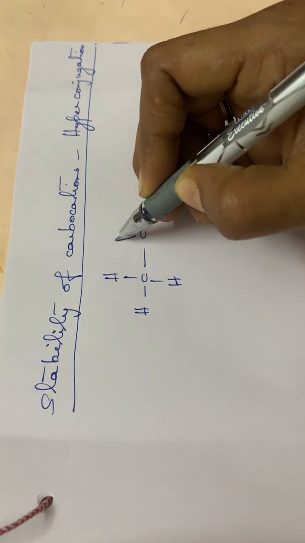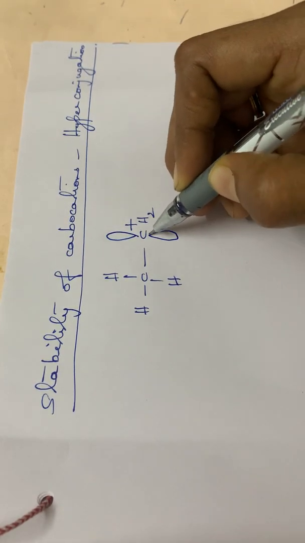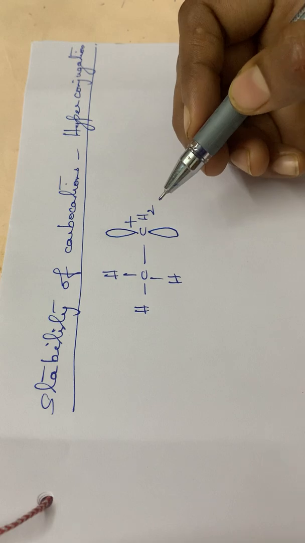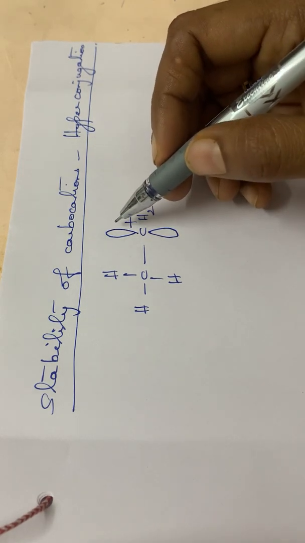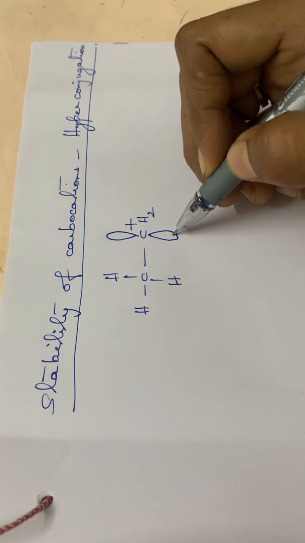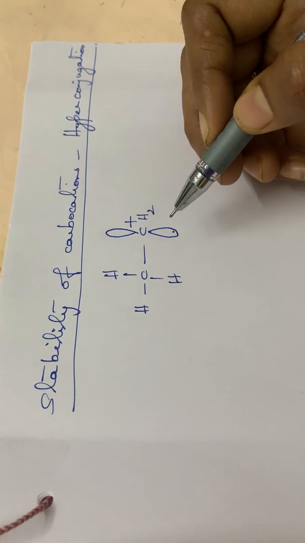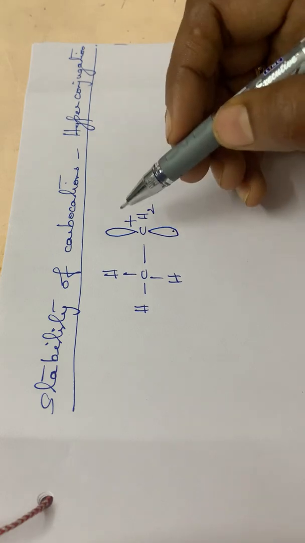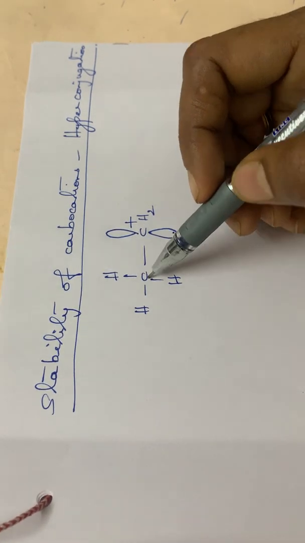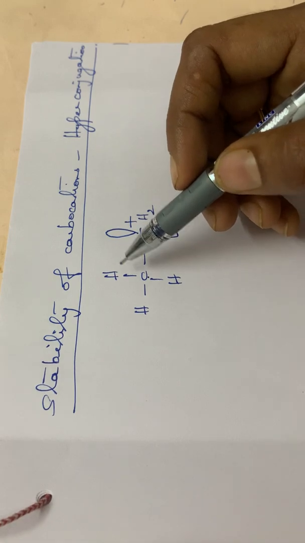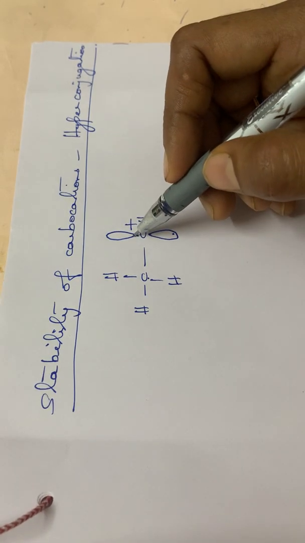Okay, so this CH2 plus has an unhybridized p orbital. We had seen in the geometry of carbocations that it has an unhybridized p orbital. So I am representing the unhybridized p orbital here. Hyperconjugation means there is a CH bond present and also a vacant p orbital, isn't it?